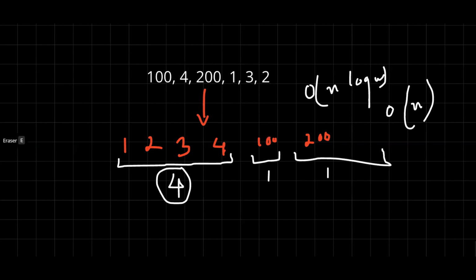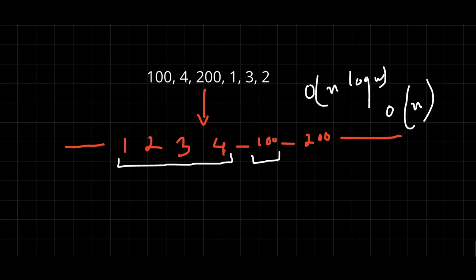Now, let's try to analyze some of the pattern. Here, if we consider all of the numbers in an imaginary number line, then there should be something like this. So here, in this number line, the numbers 1 to 4 are present, the number 100 is present, and the number 200 is also present.